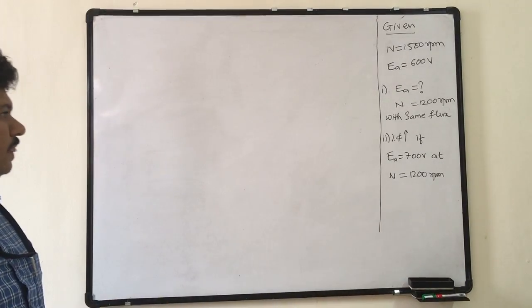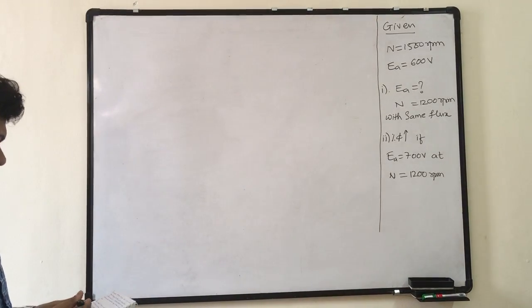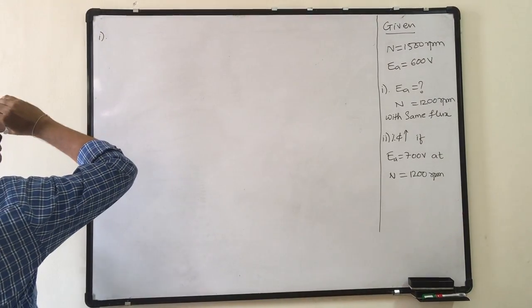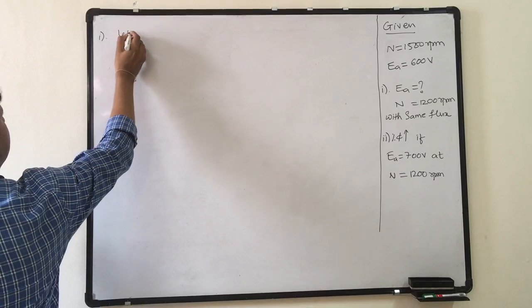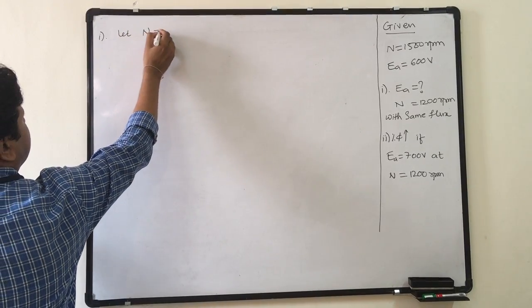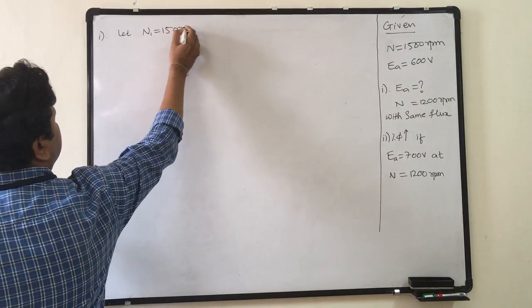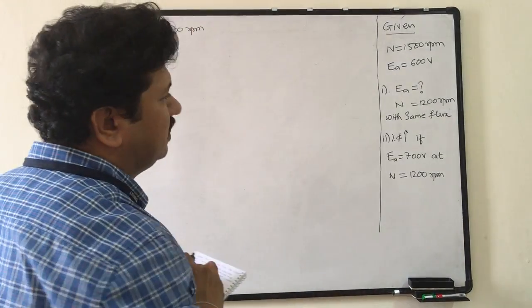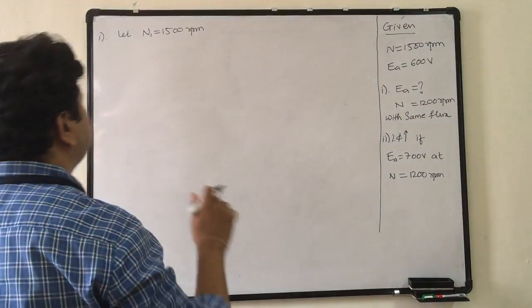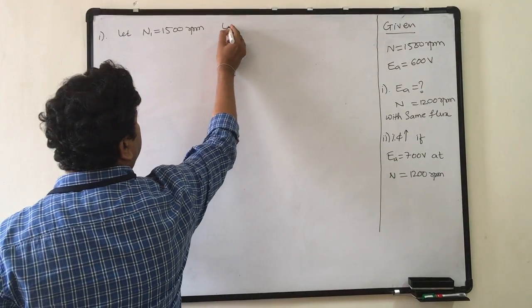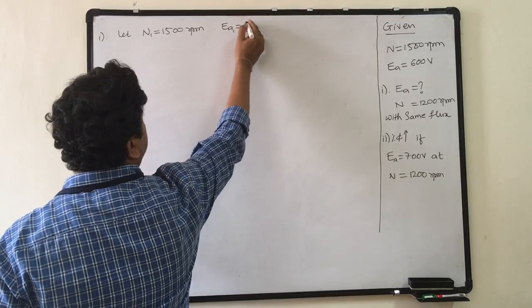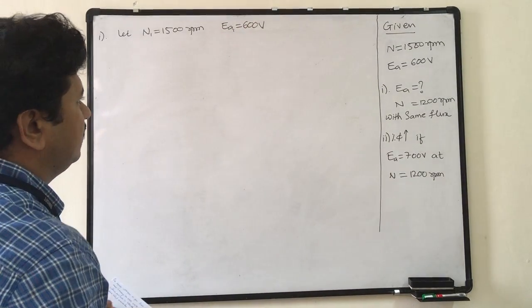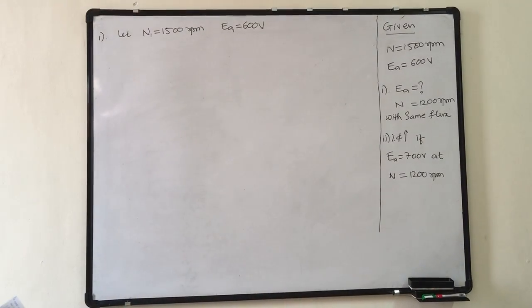Now what I will do is, for the first case, I will take N1 as 1500 RPM, the first speed, and EA1 is equal to 600 volts.